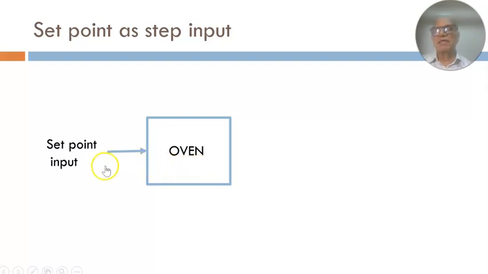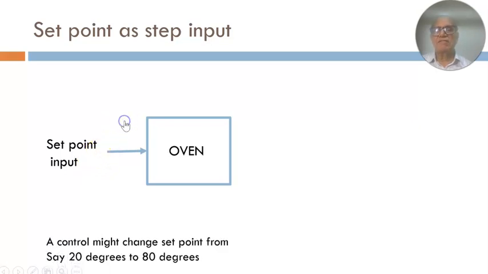For example, you might set the set point to, let's say, 20 degrees. Allow sufficient time to go by. In that case, the oven temperature will actually reach close to 20 degrees and remain constant. Now, suppose you suddenly turn the knob, let's say, to 80 degrees. Then you are generating a step in the set point input.